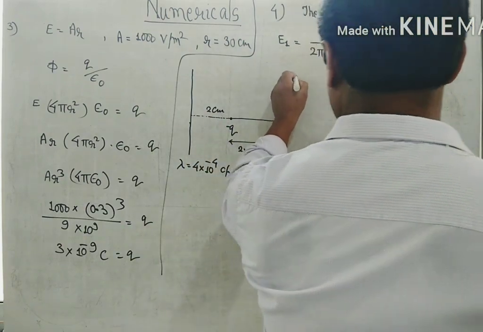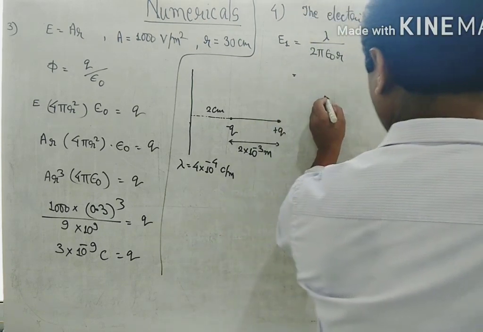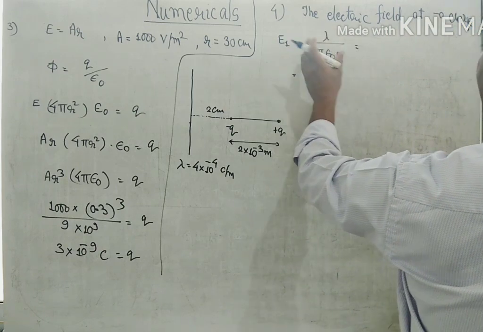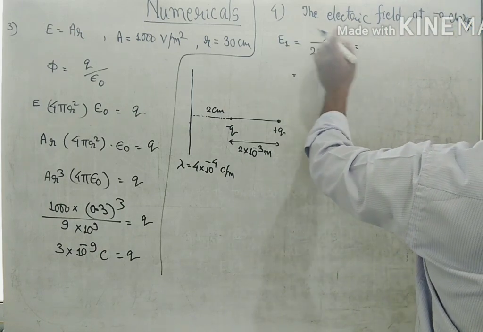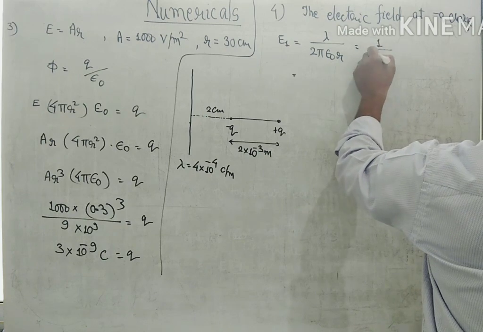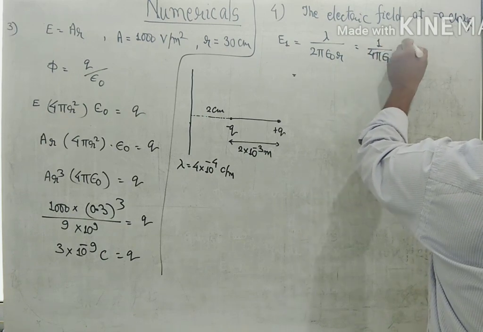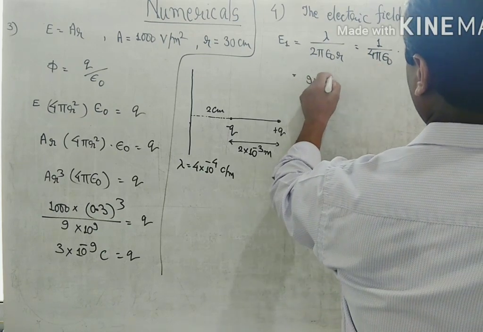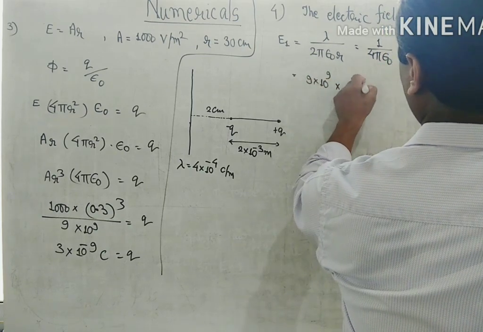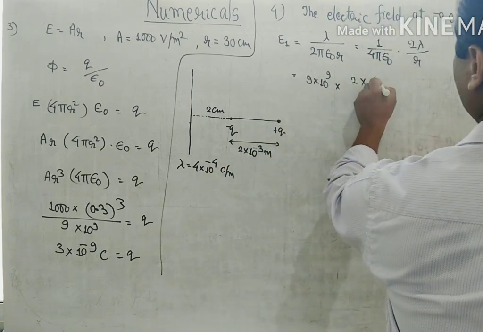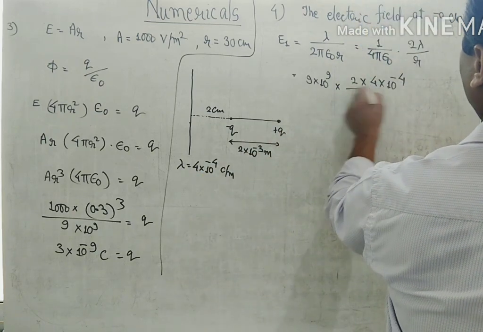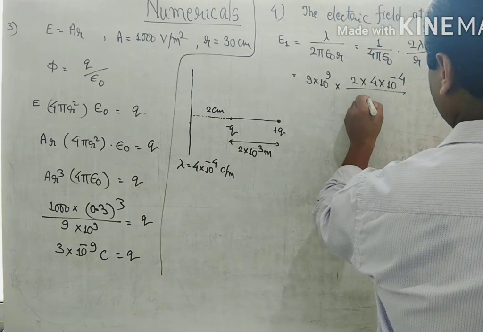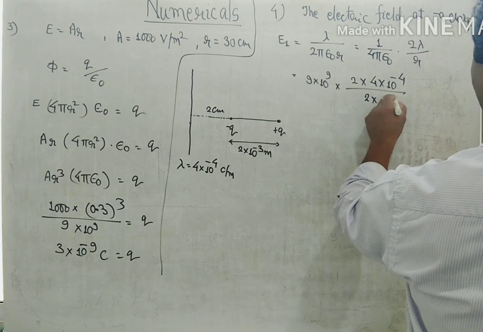Now placing the values, one more thing: for simplification, multiply and divide by 2 so that a constant value is with us, 1 upon 4 pi epsilon naught into 2 lambda by R. So this makes 9 into 10 power 9 into 2 into lambda 4 into 10 power minus 4 upon this distance, which is 2 centimeters, approximately 2 into 10 power minus 2 meter.